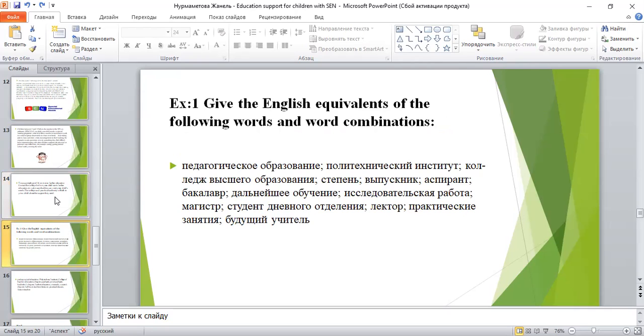Give the English equivalents of the following words and word combinations. Write in your copybooks, and after translating you may say them.